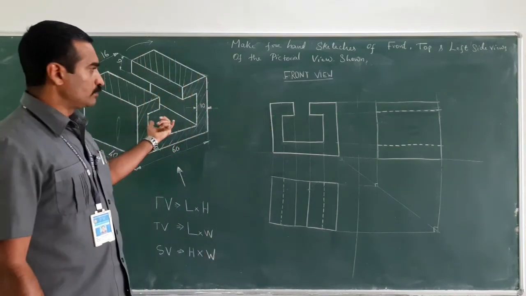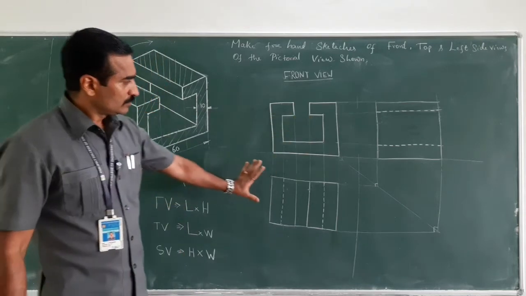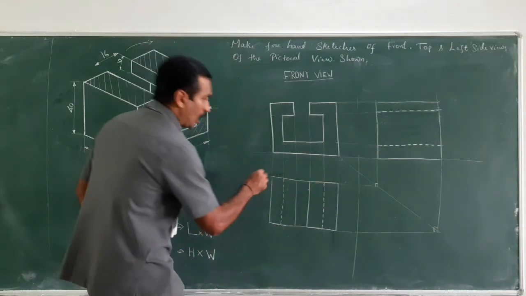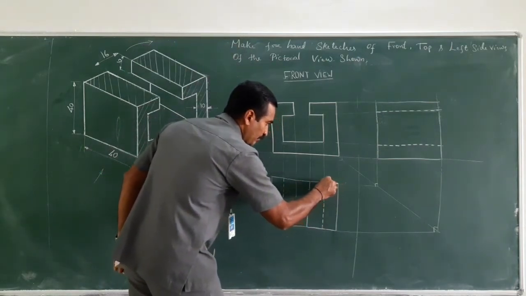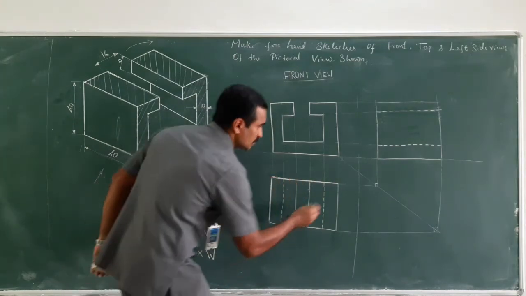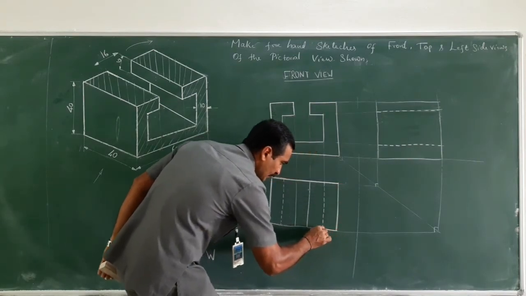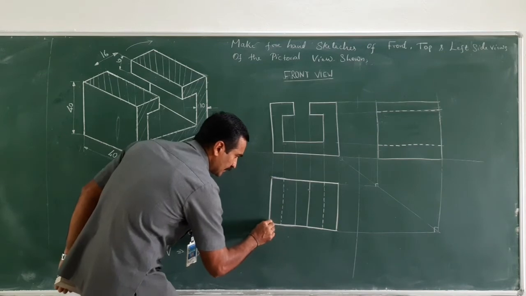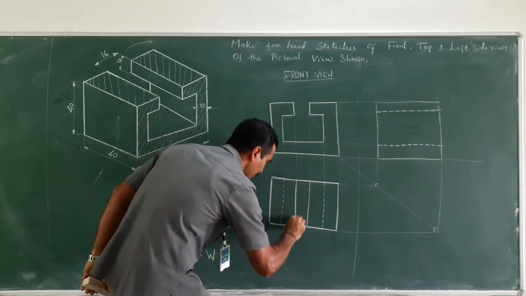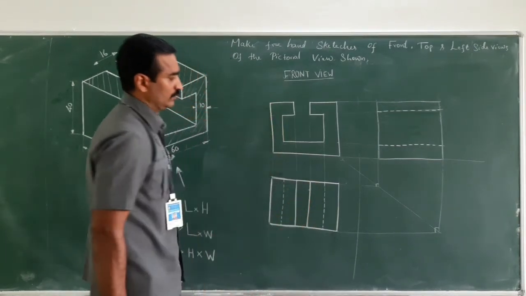So for this object, this is the front view, right? Now let me draw the object line for the top view. These boundaries should be drawn as thick line or object line, right? So these edges are visible when you look from the top. So this edge is also visible.